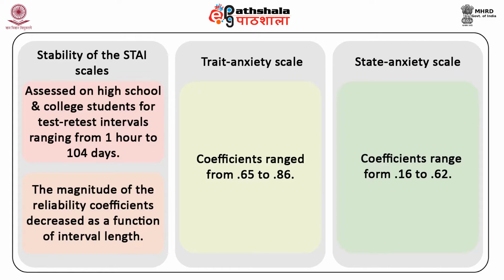This low level of stability for the state anxiety scale is expected since responses to the items on this scale are thought to reflect the influence of whatever transient situational factors exist at the time of testing.